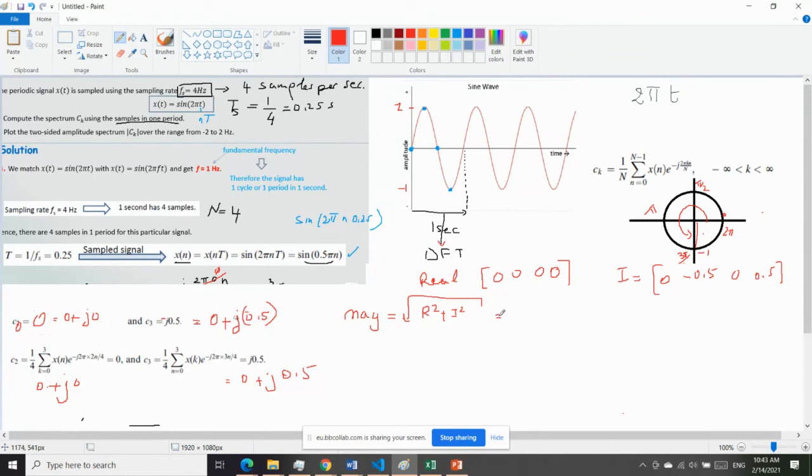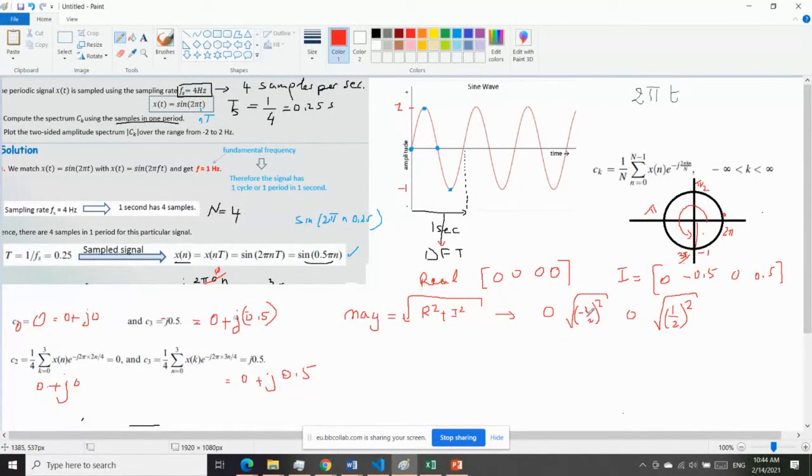So the real part is 0 squared plus 0 squared, so the first value is 0. Here 0 squared plus minus 1/2 squared, and then we take its square root. This is the second value. The third value is 0 and 0, so it will be 0. The fourth value is 0 squared plus 0.5 squared, then the square root of that.